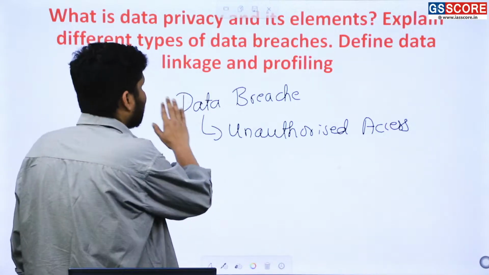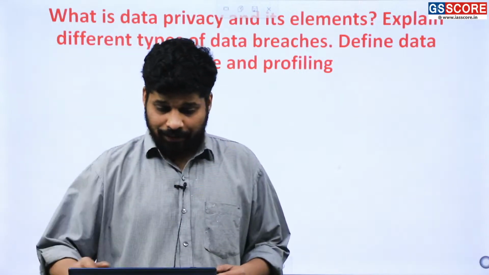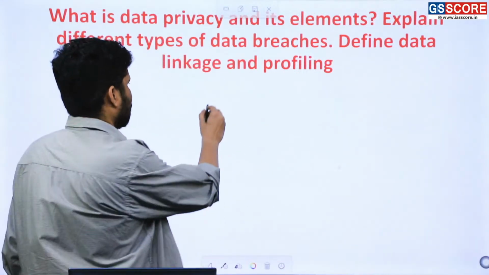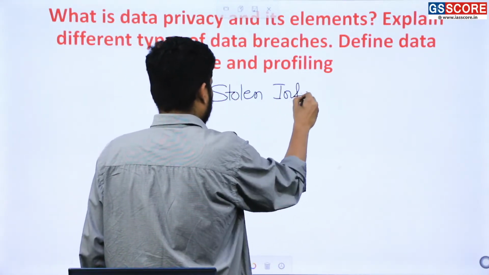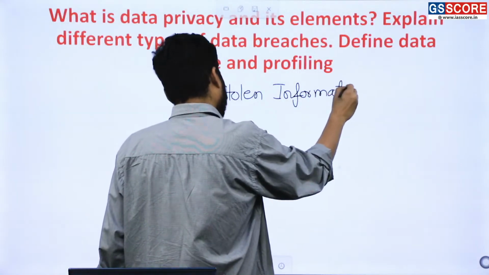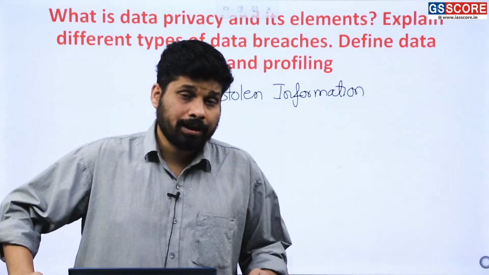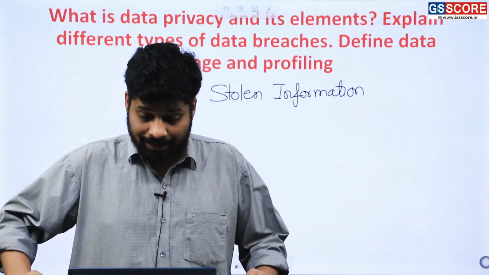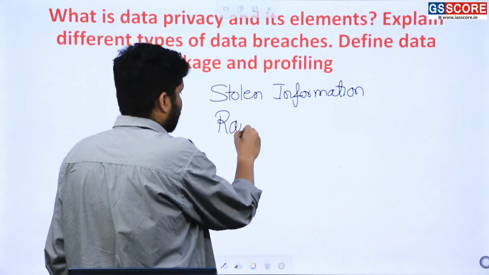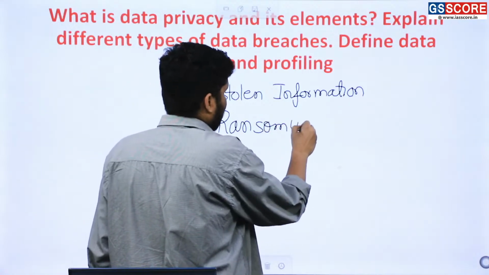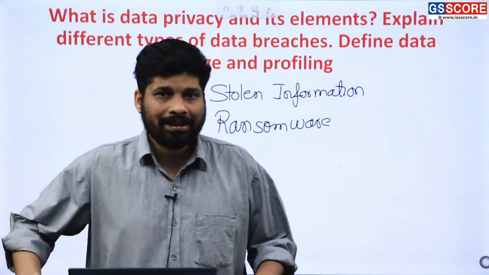All right, what are the different types of data breaches? First is stolen information. Data stolen due to human error. Second is ransomware. What happens in ransomware? Data is stolen, and for the purpose of not leaking it, money is taken.